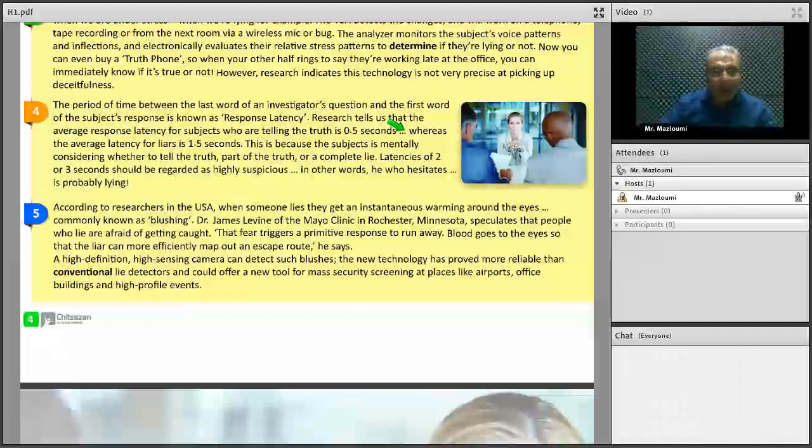Whereas the average latency for liars is 1.5 seconds. So, the average response latency for liars is more than a second. It's about 2 seconds, or to be exact, it is 1.5 seconds.